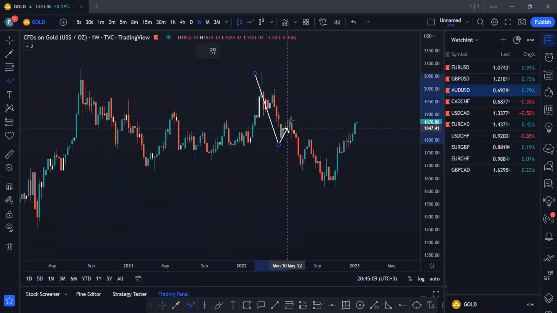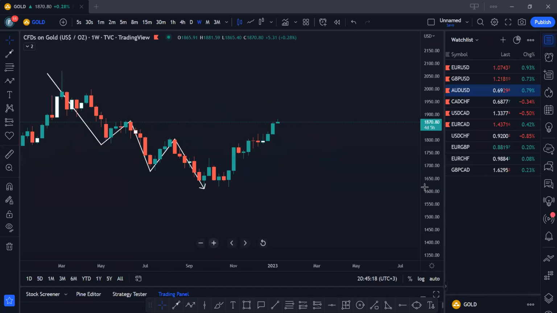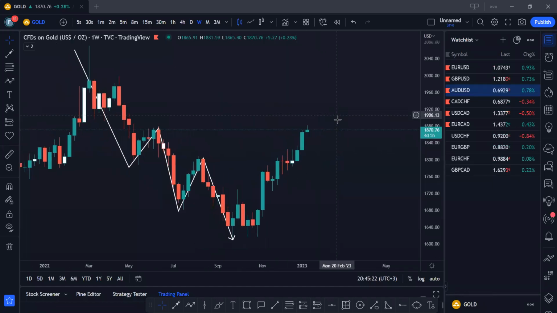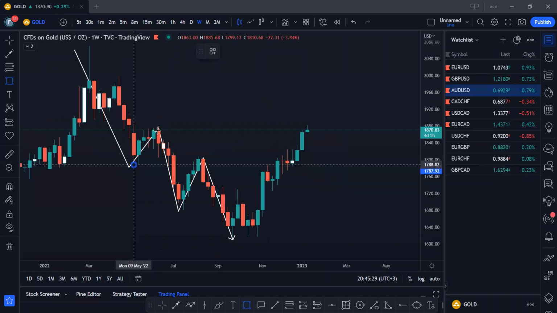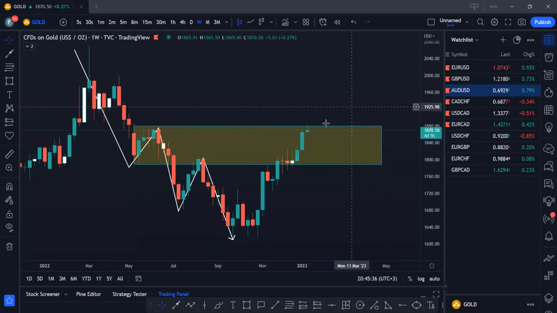Price doing this ultimately. Okay. And what do we have here? Price is currently reacting to this supply. All right, so price has a weekly supply on gold here.